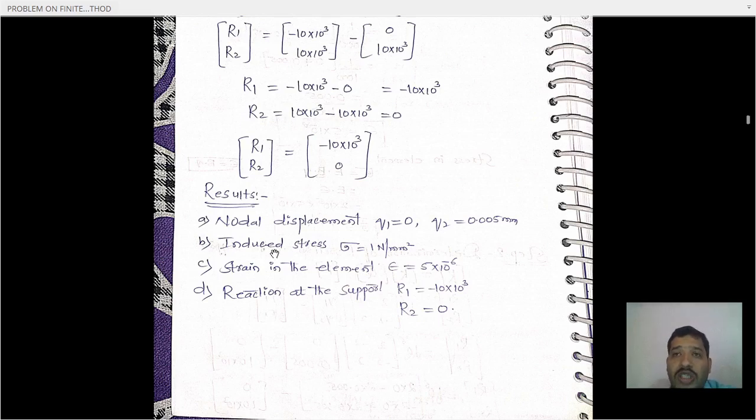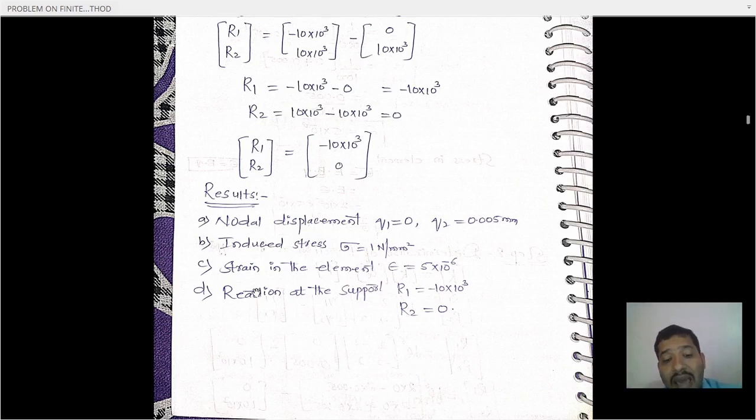As for the induced stress, because we have only a one dimensional element, we need to find only one stress. If it were a two dimensional element, we would need to find sigma 1 and sigma 2. Here sigma equals 1 Newton per mm square.